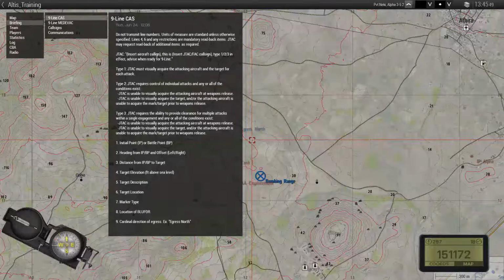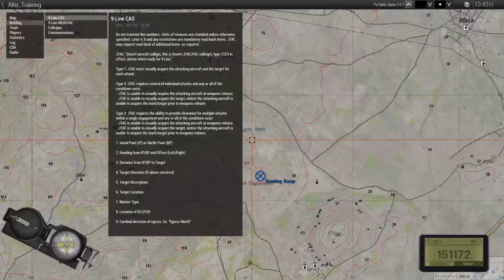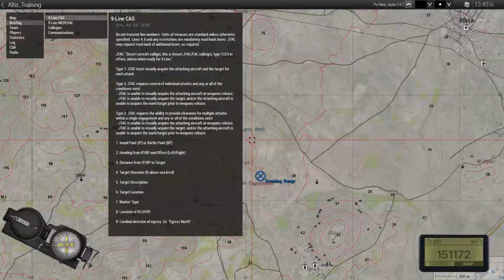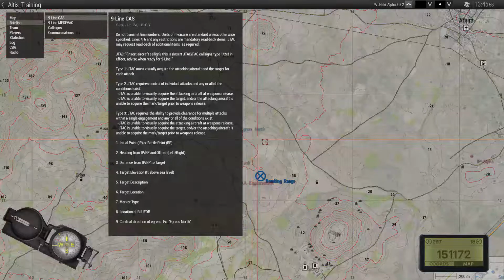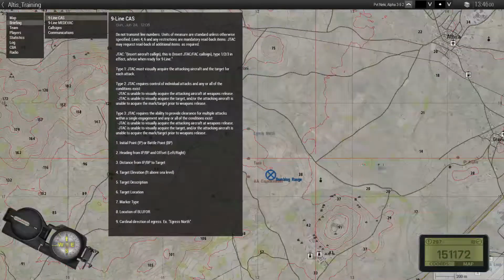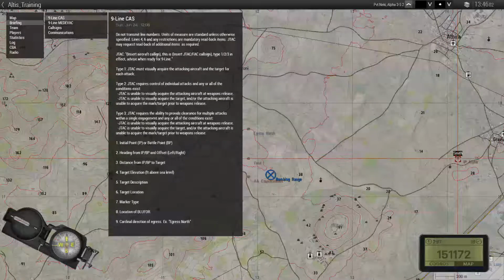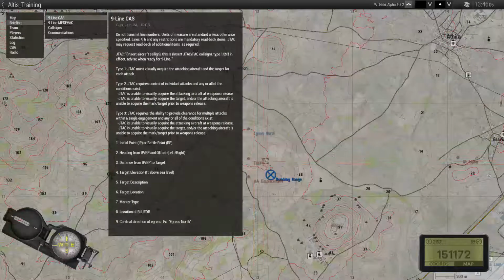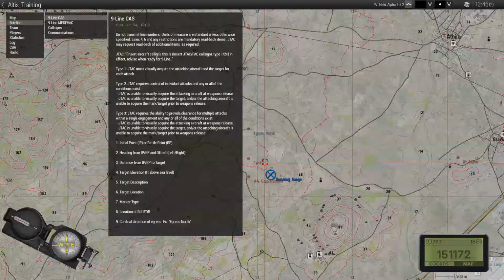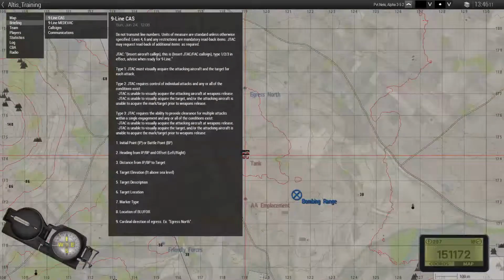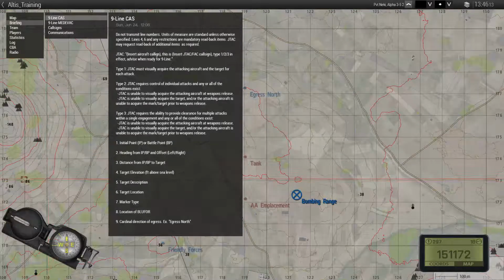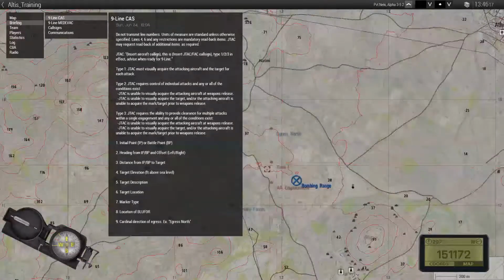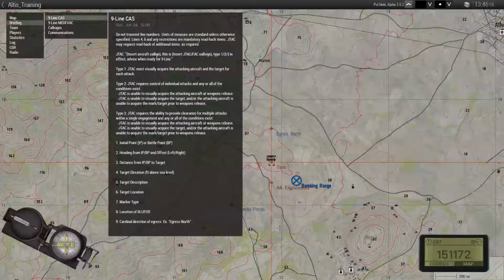Line 5, target description. Yes. Line 6, target grid. Yep. Line 7, mark type.